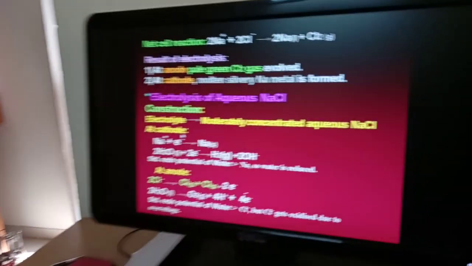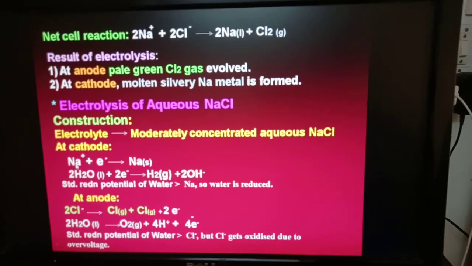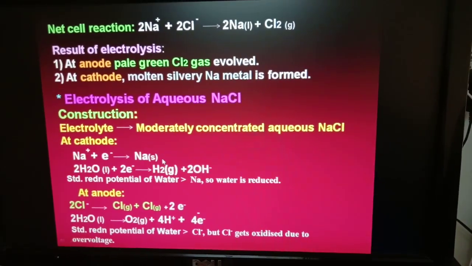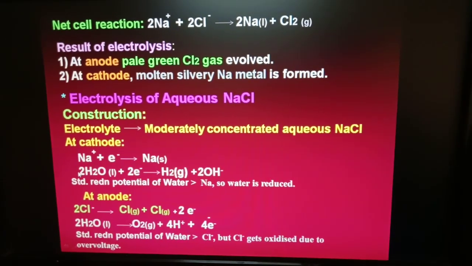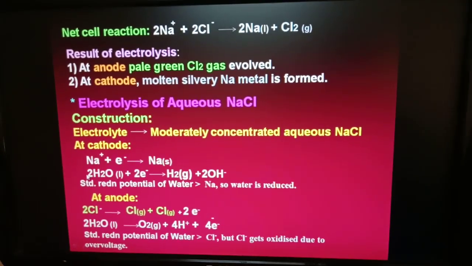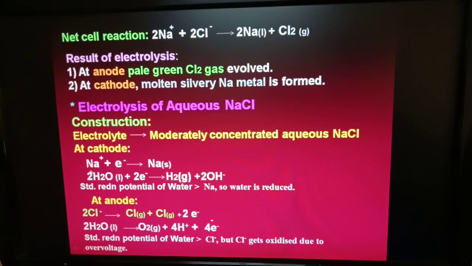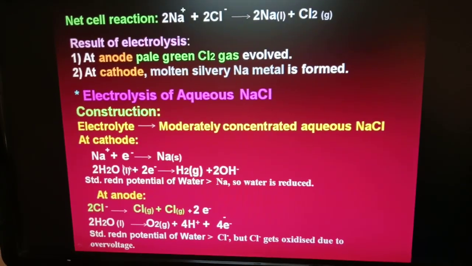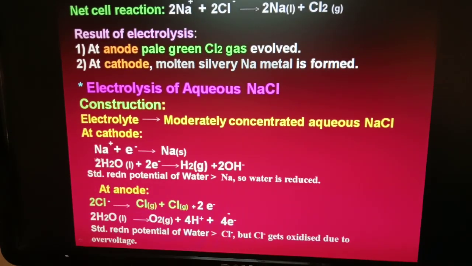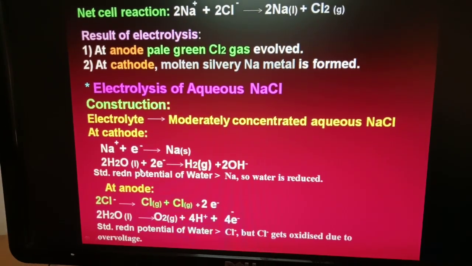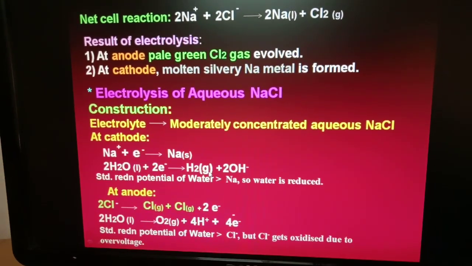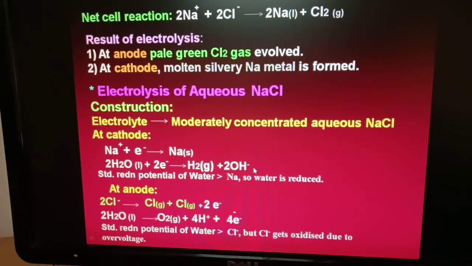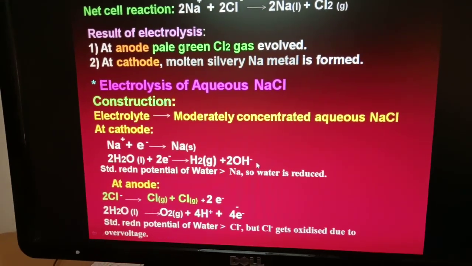Now at the cathode, Na plus gains an electron to form Na solid. As NaCl is aqueous, we find water also participates in the reaction. So 2H2O gains 2 electrons to give H2 gas plus 2OH minus.